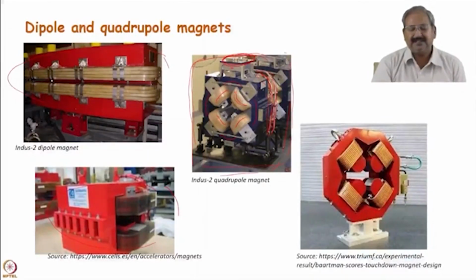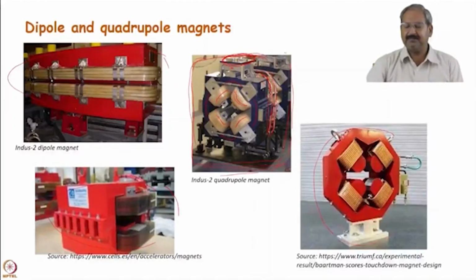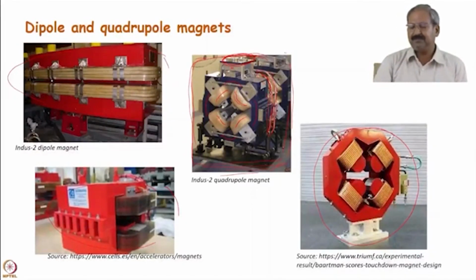And right now we can say that the magnets we use in RRCAT for the biggest accelerator in India, that is Indus-2, have all been fabricated indigenously in our nation. And this is another type of quadrupole magnet, which is from TRIUMF, a machine in Canada.